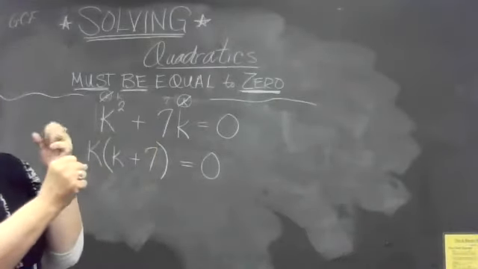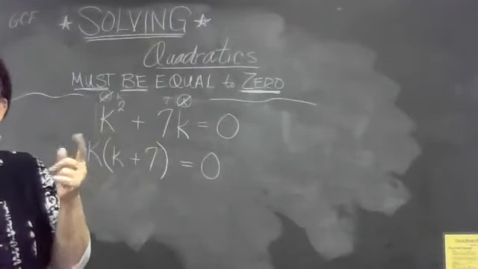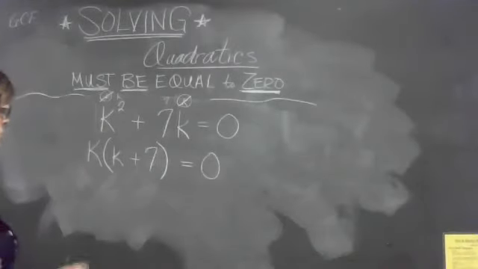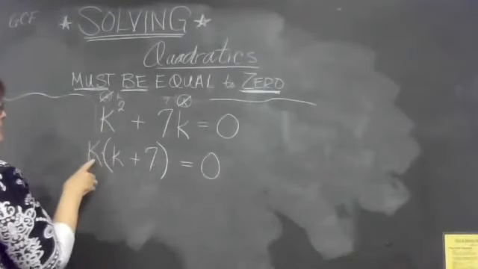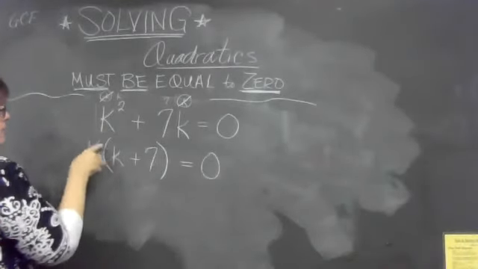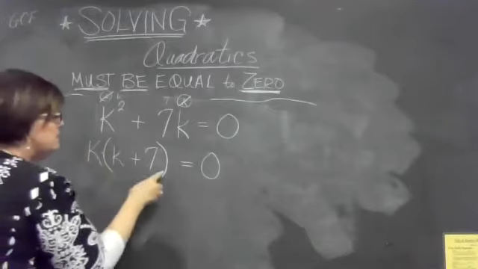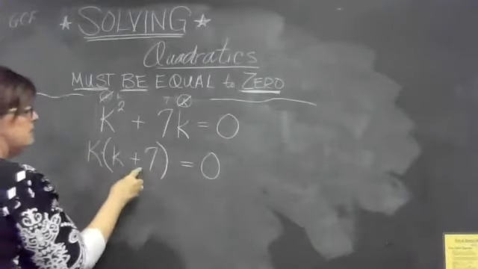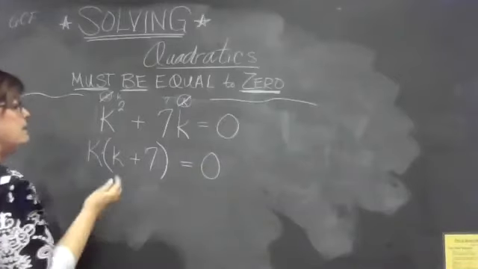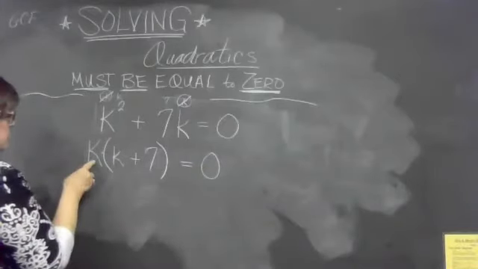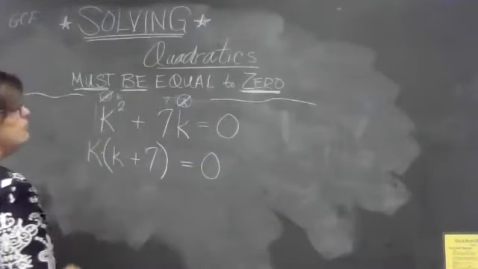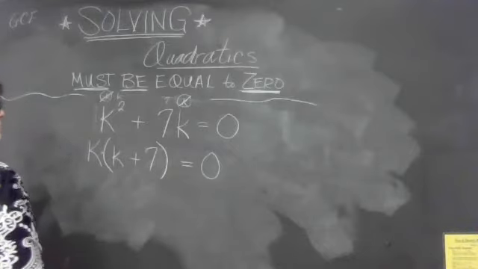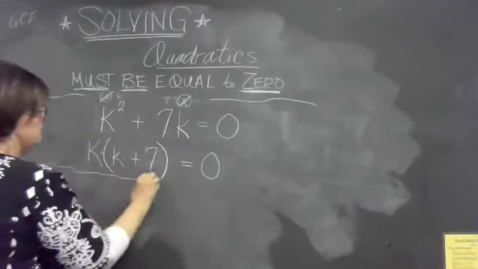We actually have 2 mystery numbers because they're multiplied together. This is a mystery number by itself, and this set is a mystery number, okay? If I multiply these together, I have to get 0, so I know that either this is 0 or this is 0, or they can both be 0. So this is where the factoring is done.